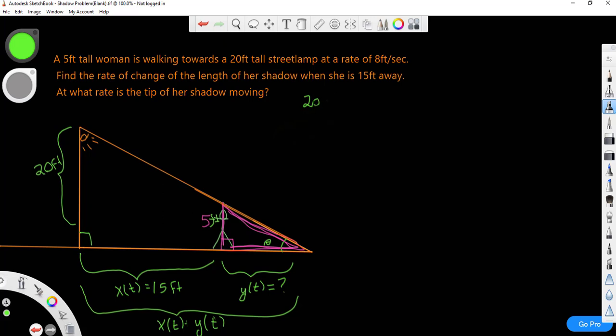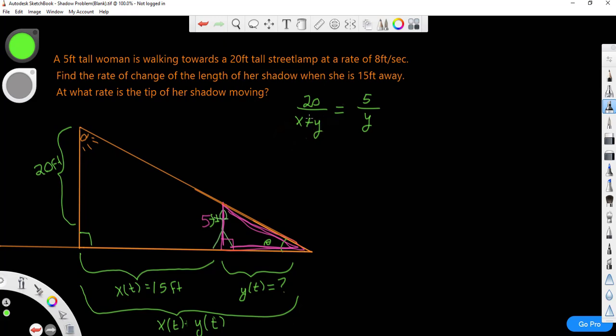Instead of writing x of t and y of t, I'm just going to write x and y. So 20 to x plus y is the same proportion as 5 to y.